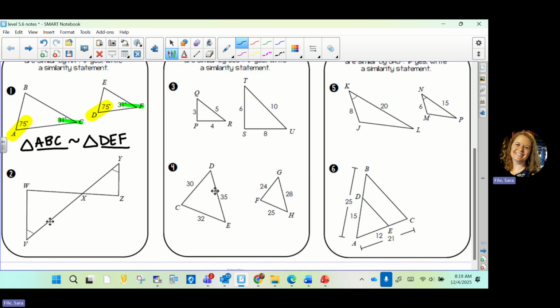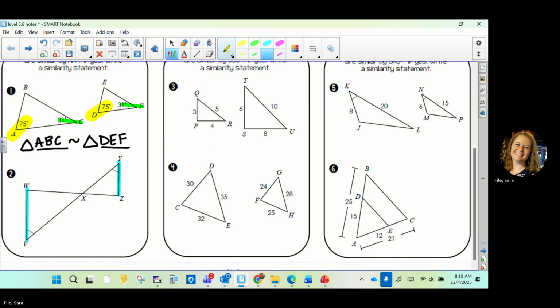So when you have the triangles created by a bow tie, if these sides, let me highlight them, if these sides that connect the segments that are intersecting are parallel, these will always be similar triangles.